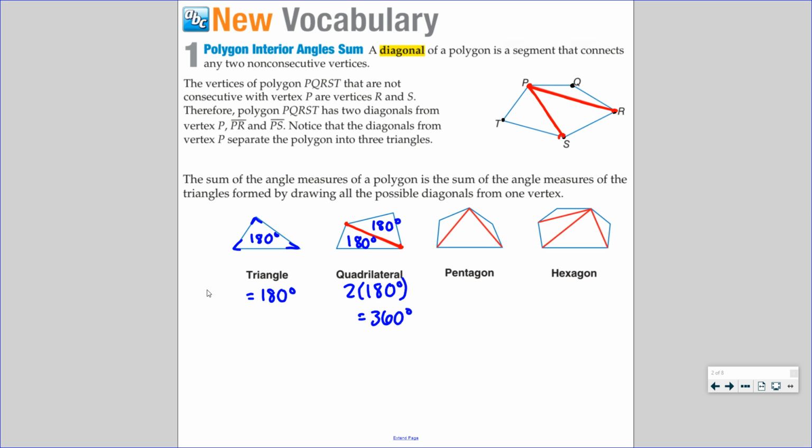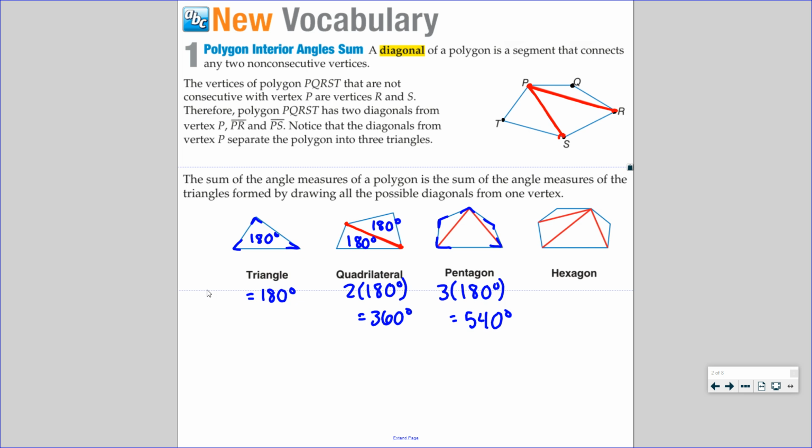How many triangles does it look like I'm forming there? 3. What's 3 times 180? 540. Good. 540. So guys, what we're finding here, this is what the interior angles, I'll highlight them quick, that's what those angle measures will have a sum of. They'd add up to 540 degrees.